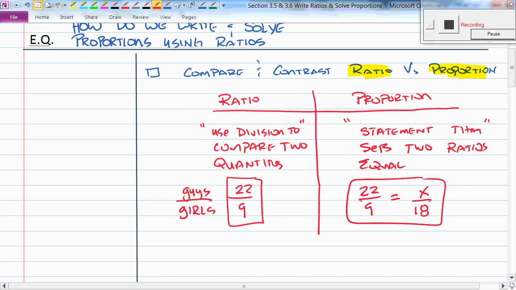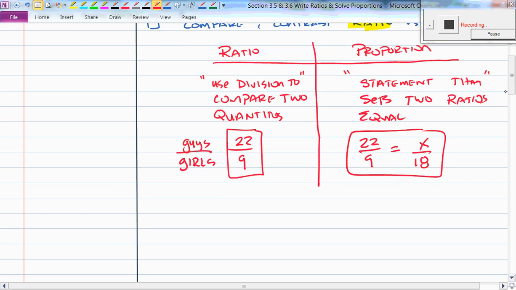Okay, there's a couple of ways that we can represent a ratio. We can represent it in a variety of ways. There's 3 ways here. You can say A to B, like we could say guys to girls, putting the actual word "to" between them.